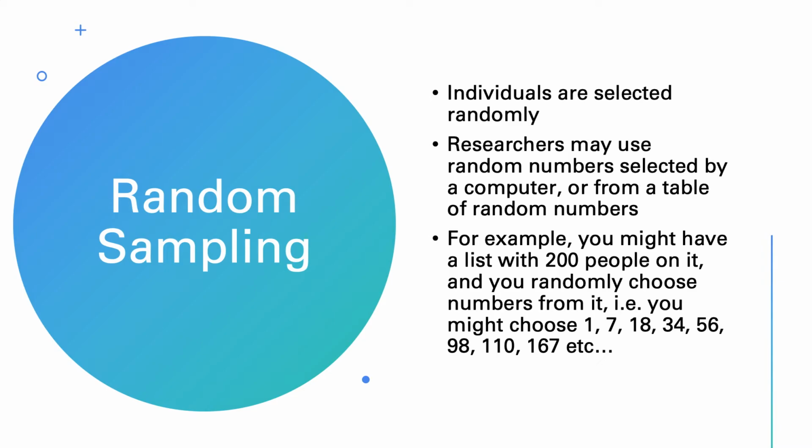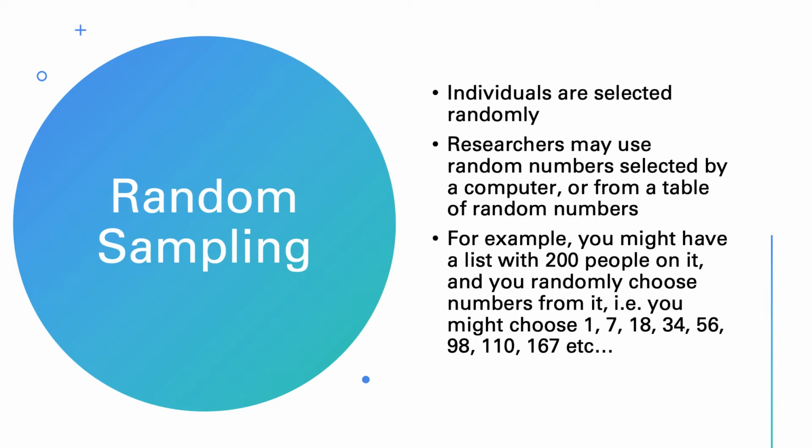You might choose number 1, 7, 80, 34, 56, 98, 110, 167. They are the ones that you choose. So you are just choosing those numbers at random. Okay, so random sampling: randomly choose people.